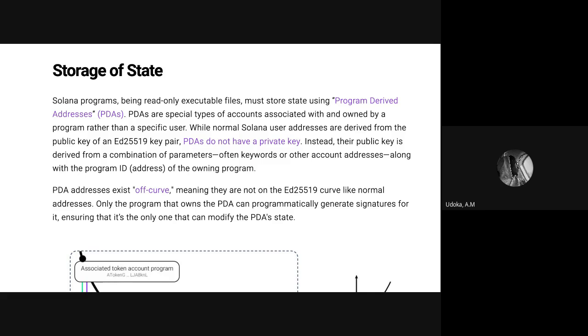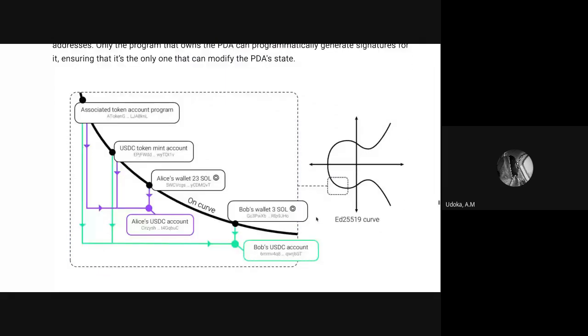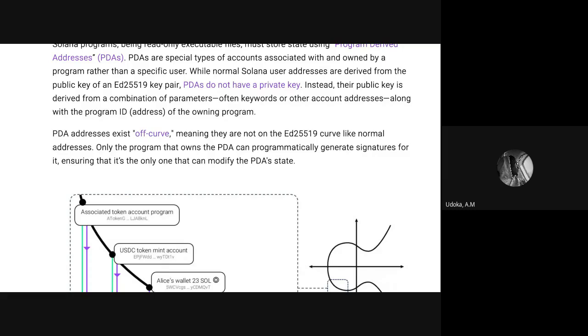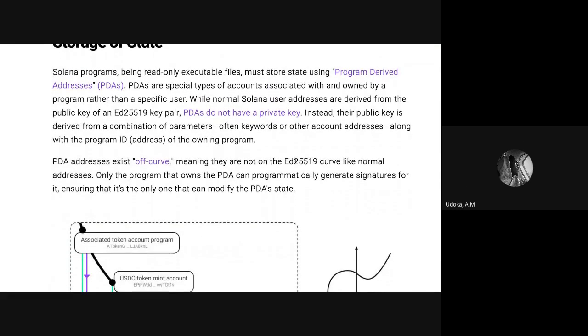All right. Now, how is this whole PDA thing possible? It is possible because PDAs are derived from the public key in this order. This public key, in the order of this ED25519 key pair, doesn't have a corresponding private key because it is off the curve.